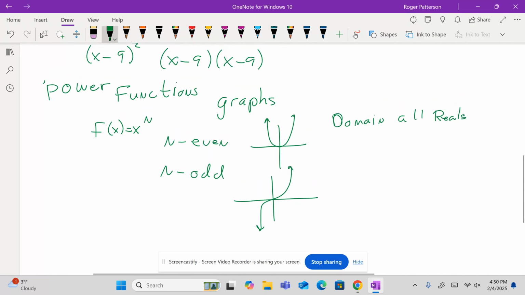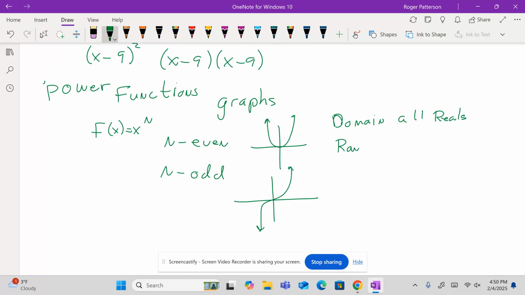Okay, now we'll do the range. What are the ranges going to be for the even ones? The ranges, that's just the y part, right? Are they also all real numbers or are they different? Different, right? All real numbers greater than 0.